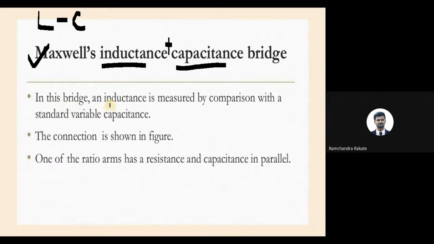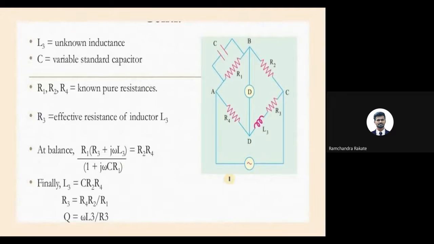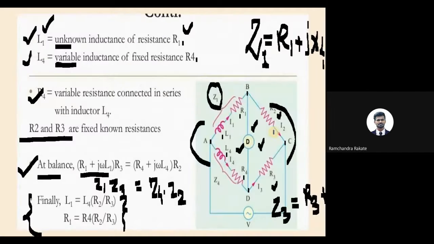In this bridge, inductance is measured by comparison with the variable capacitance. In the connection you will see here, one of the ratio arms has resistance and capacitance in parallel. So what is the difference? If you just compare these two, what is the difference?